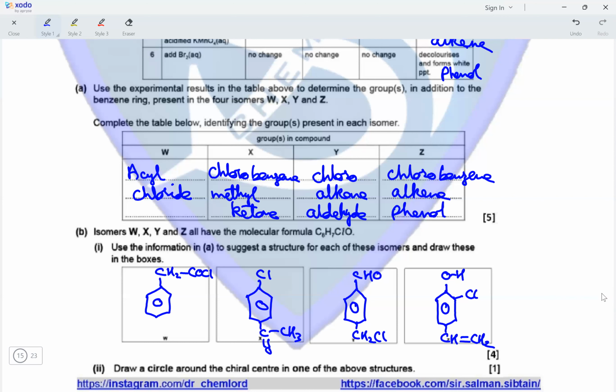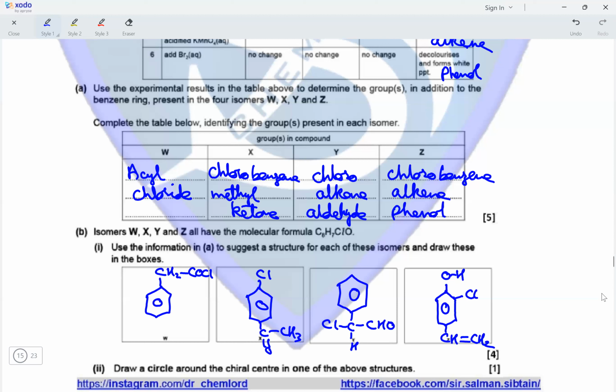So looking at structure Y again. If we have a benzene ring with an aldehyde group and a chloroalkane group, both these groups can be on the same carbon atom. They don't necessarily have to be on benzene. So let's redraw this structure with both the functional groups on the same carbon atom. So benzene on one side, we have carbon, we've got hydrogen on one side, we've got chlorine on one side, and we've got CHO group on one side.